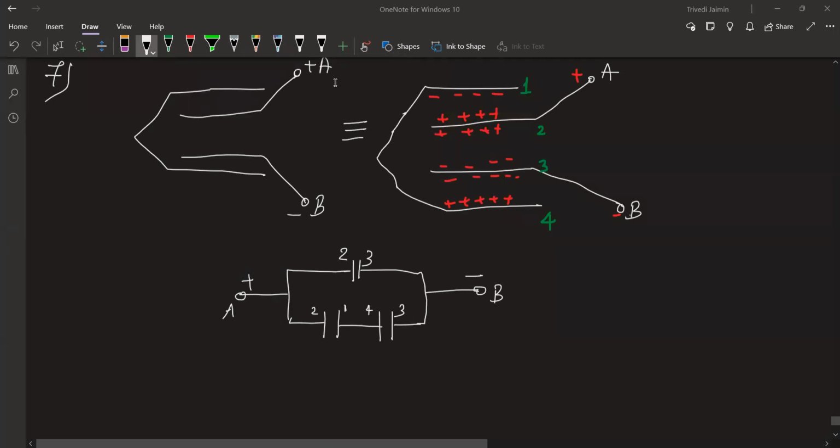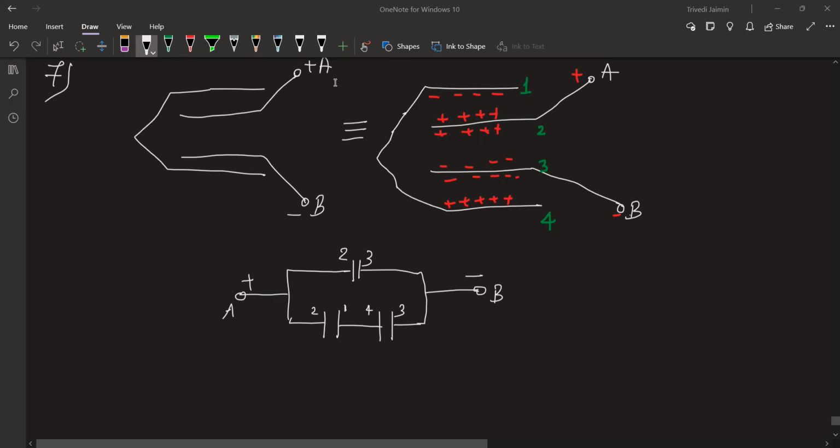Then tell me the formula. Common formula, come on. Anyone?